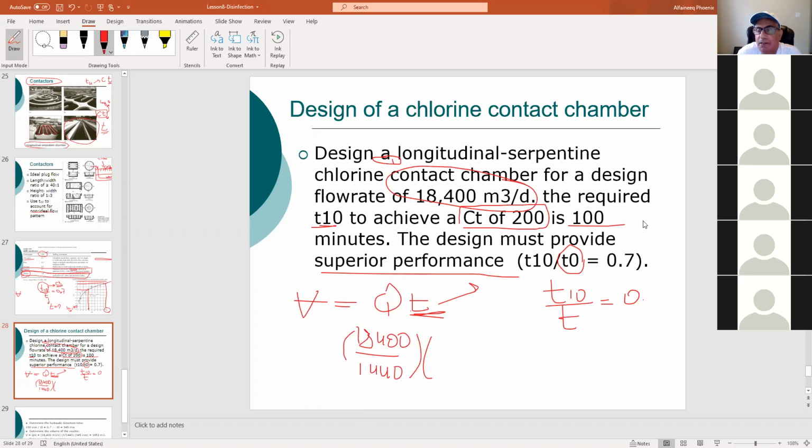Now, this 100 goes here still. So this is 100. Good. And from here, you get T equals, yes, it's going to be 100 something. How much is it, Firdaus? 142.86. Okay, 142.86 minutes.